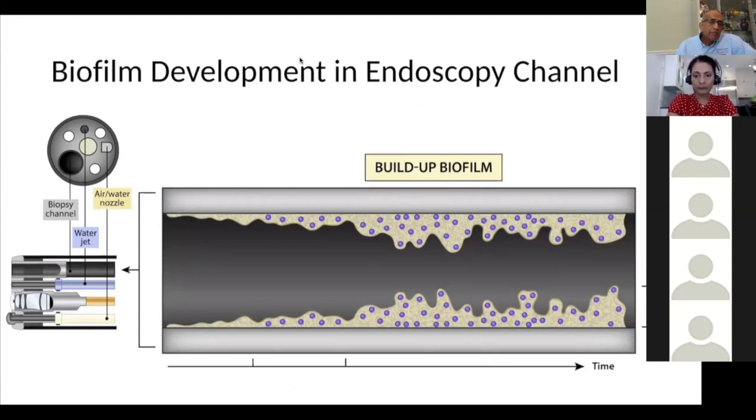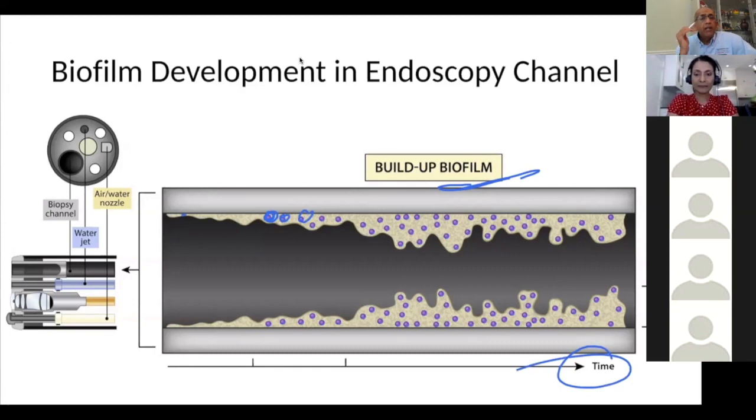So it's like a cup of coffee. You drink a cup of coffee and you become a little bit lazy and you don't want to clean it immediately. Then you have to clean it much longer to get rid of the stuff that gets stuck inside that cup. So once you have the proteinaceous material, the bacteria like to settle in there, and then as they grow, they create what is called a biofilm with time.